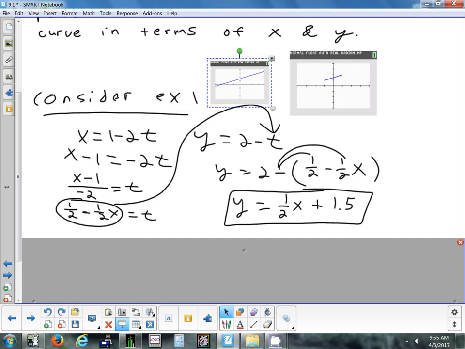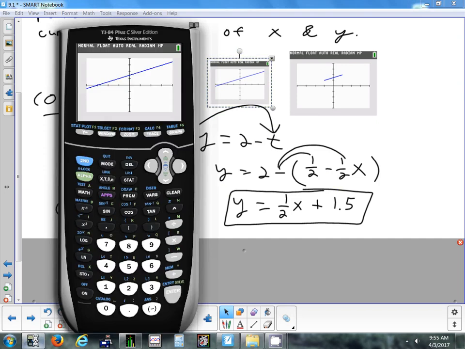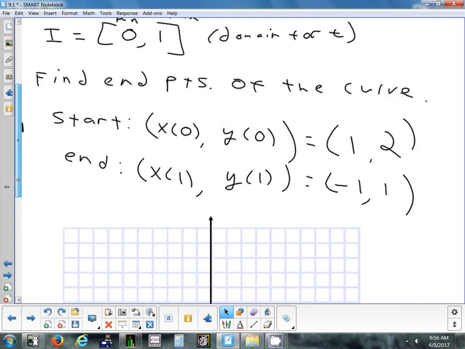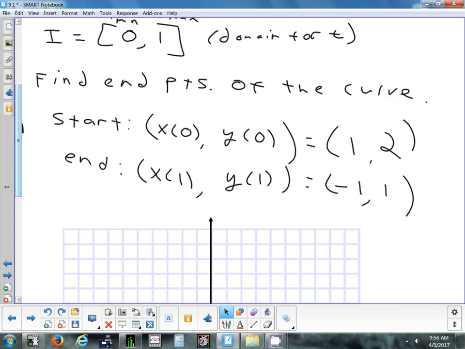And the way I have to restrict the domain is look at the start and end x values. What was my starting x value parametrically? So starting x value was 1.